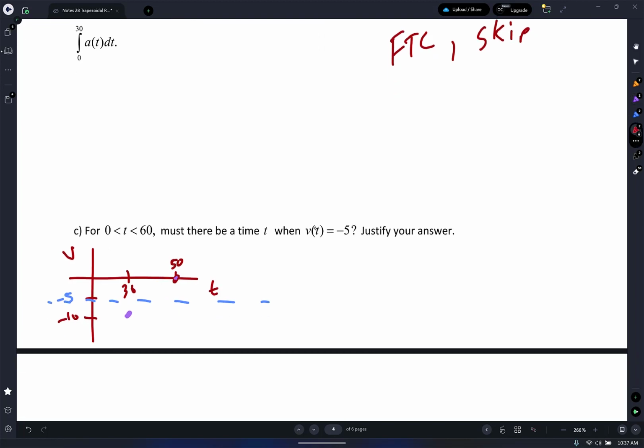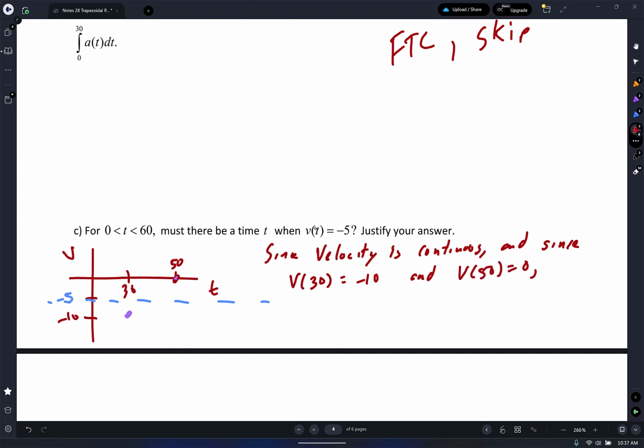If you don't want to mention it, here's what I would do. I would say, since velocity is continuous, and since v of 30 equals -10 and v of 50 equals 0, there exists v of t equals -5 somewhere where t is between 30 and 50.